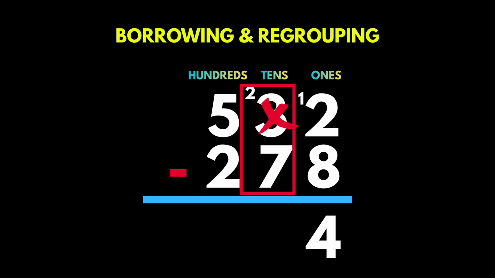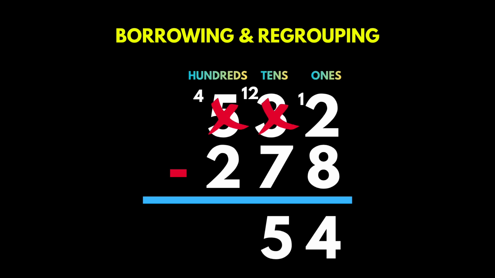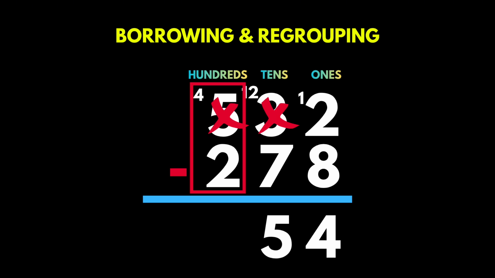Now we move over to the tens column. We have 2. Remember, we already used 1 when we borrowed. 2 minus 7, same problem. 2 is smaller than 7. Borrow again. The hundreds digit drops from 5 to 4, and the tens digit becomes 12. 12 minus 7 equals 5. Write the 5 in the tens place. Now onto the hundreds column. 4 minus 2 equals 2.